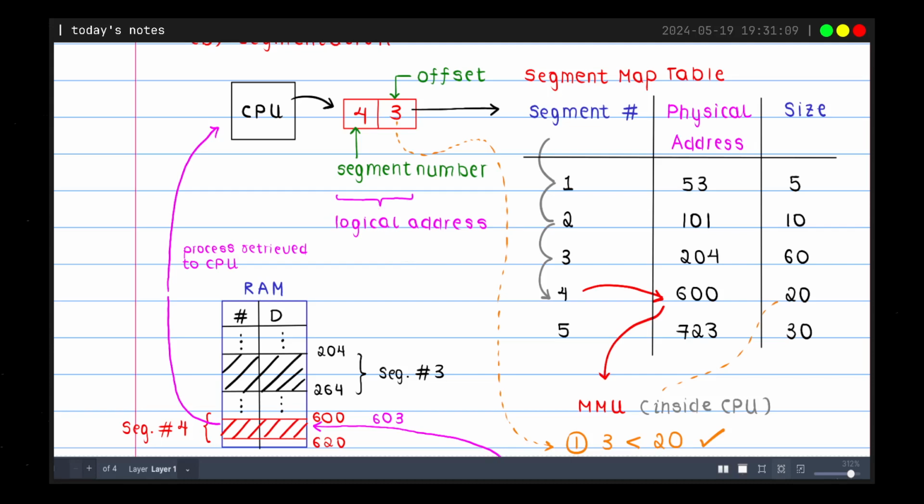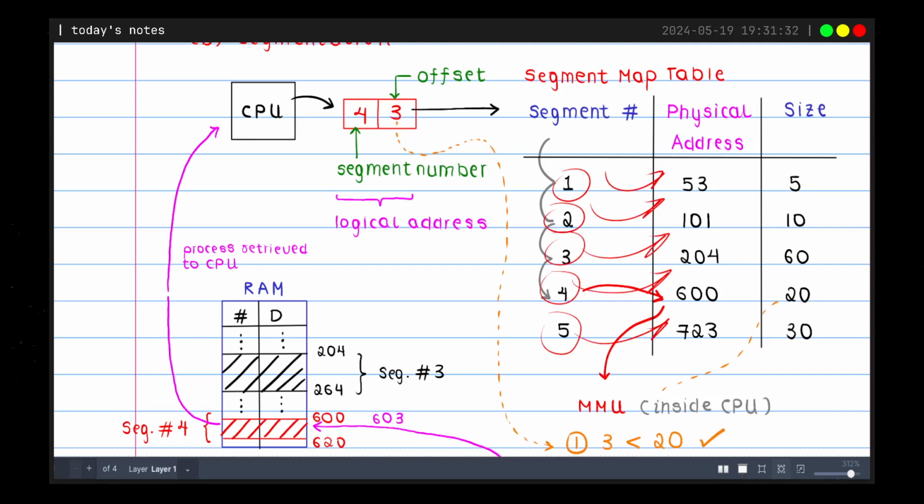What's going to happen is the CPU is going to ask the memory management unit, which is a component inside the CPU, to look this segment number up on a segment map table, which is essentially a data structure that is also stored in the RAM that contains the segment numbers, the logical addresses per se, and their respective physical addresses. Where are these segments in physical memory?